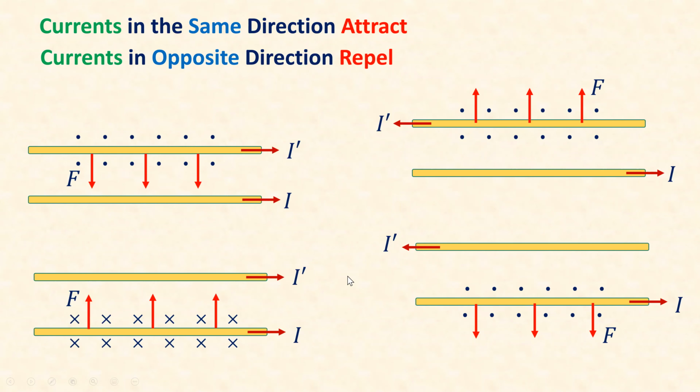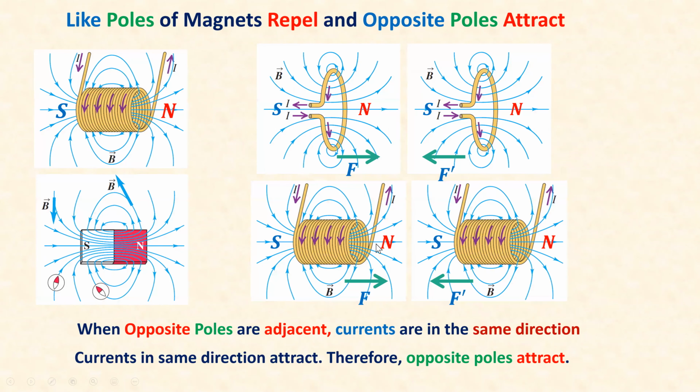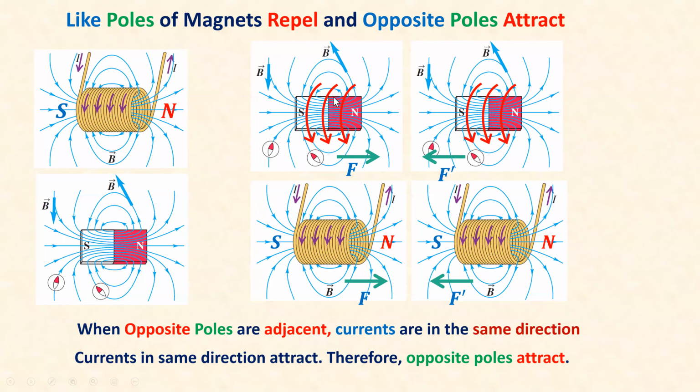That actually sheds light on why opposite poles of magnets attract each other. When you have poles of magnets like that, you have north and south pole. When the currents are in the same direction, you have north and south in the vicinity of each other, and they attract each other because the currents are in the same direction. And the same in here, and therefore the same when you have two magnets.